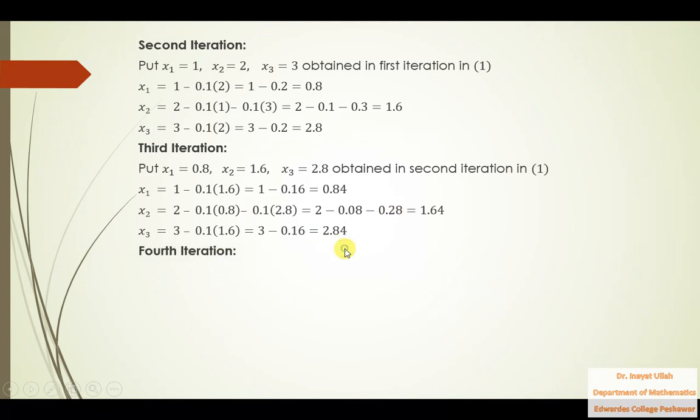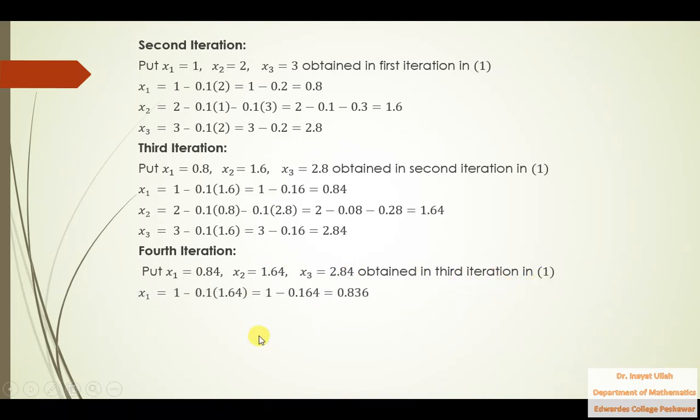So we need to perform the fourth iteration. The fourth iteration will be performed by using these new values of x1, x2 and x3 in the system of equations 1. In the first equation x1 is equal to 1 minus 0.1 into x2, but x2 is 1.64, so the new value of x1 is obtained as 0.836.